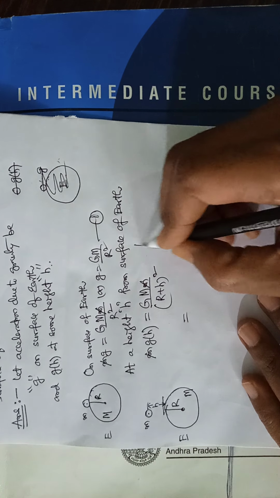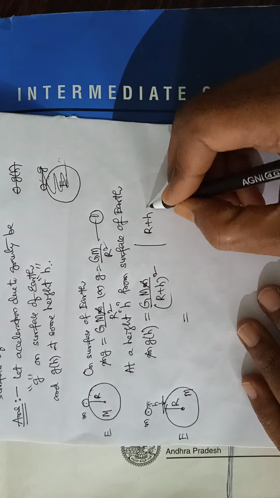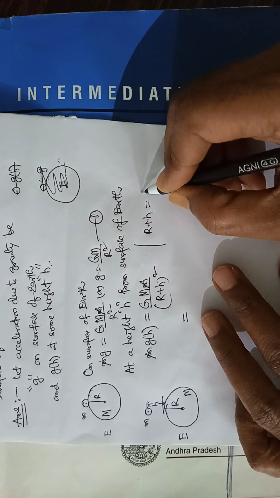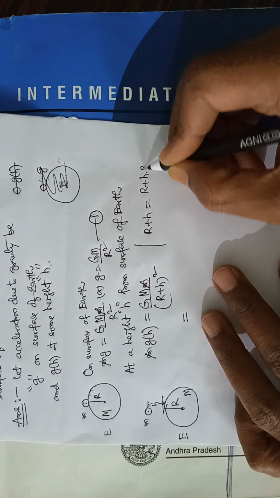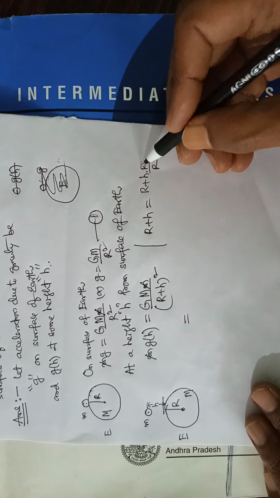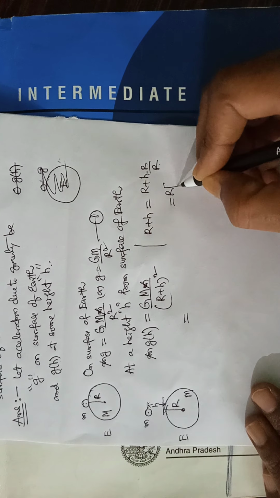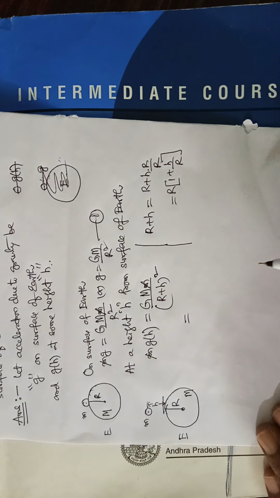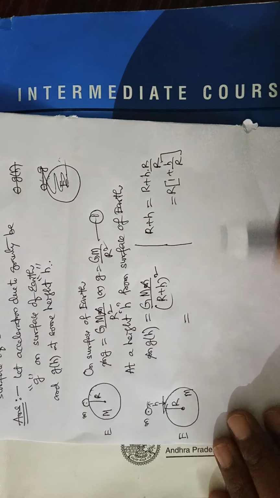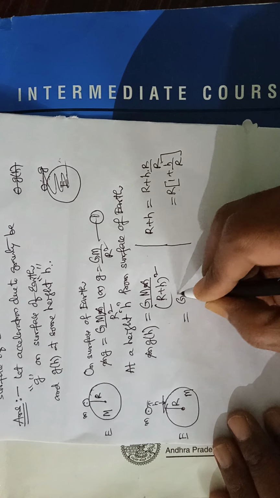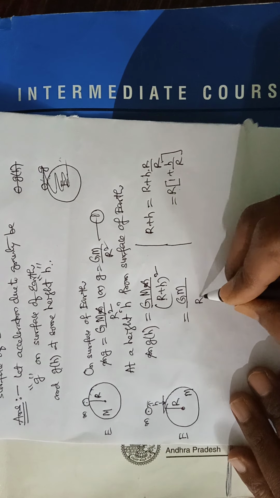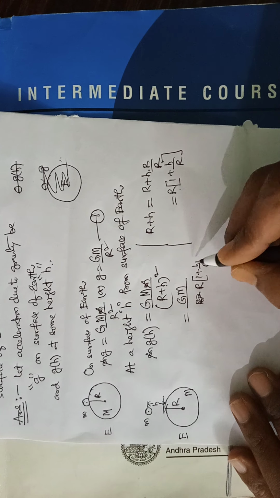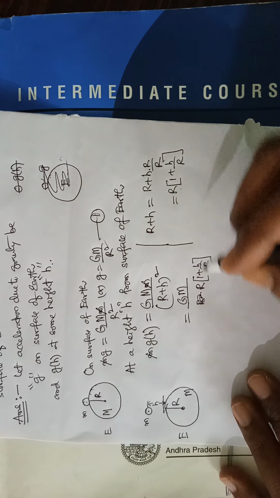Now we can do one thing. R plus h can be written as R plus h by R, multiplying and dividing by R. Now you can take R common, 1 plus h by R. So here in place of R plus h, let us substitute this, square.